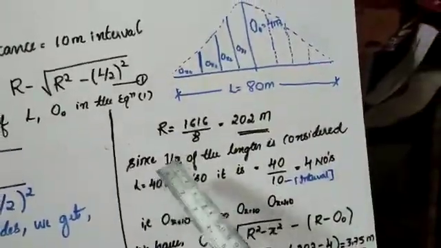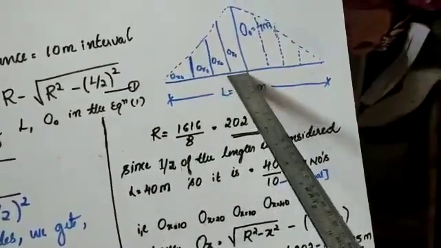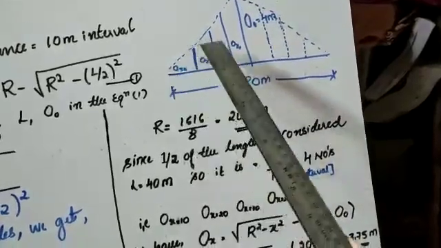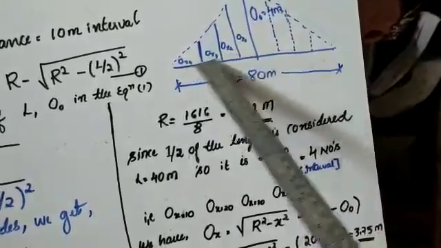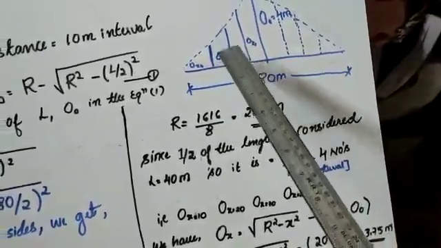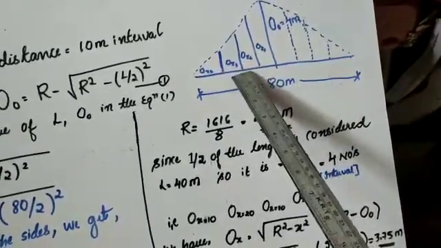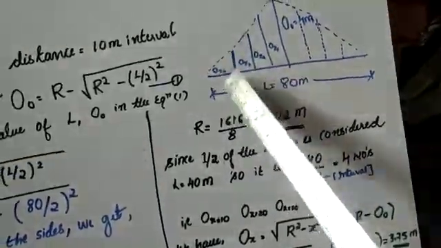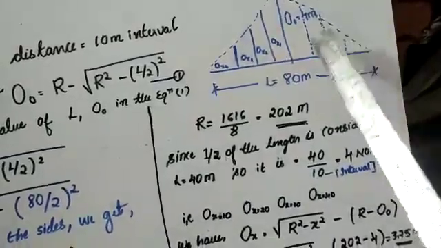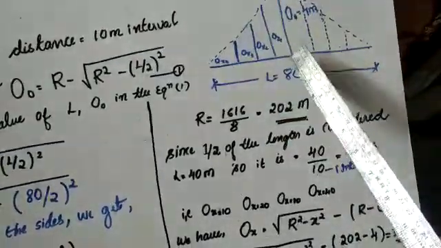Since from the middle only half of the distance we are going to find out, and for the half of the distance we are going to consider, because this concept I have already explained. On the right side we are going to find out, and the same thing on the left side of the middle ordinate.